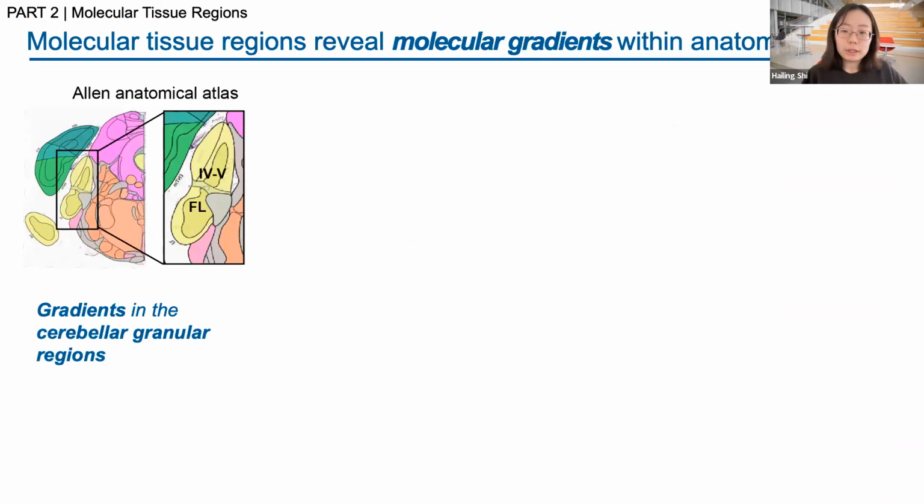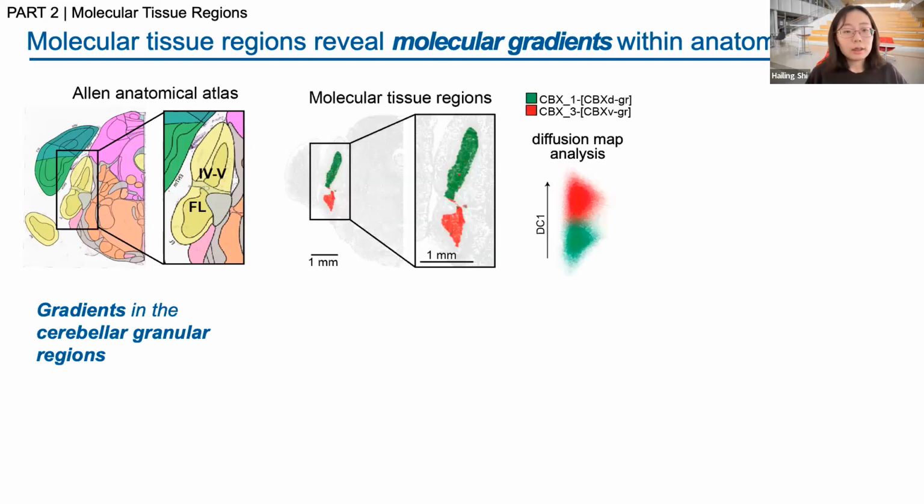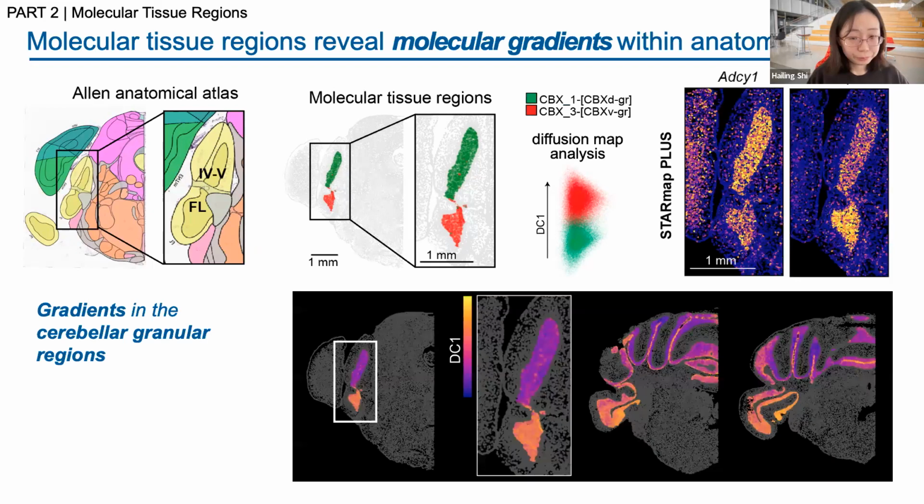Another example is about the molecular gradients we can observe by looking at spatial gene expression patterns with single cell resolution. So this example is from the different lobules in the cerebellum cortex, where we see this transition between the dorsal and the ventral lobules of the cerebellum.